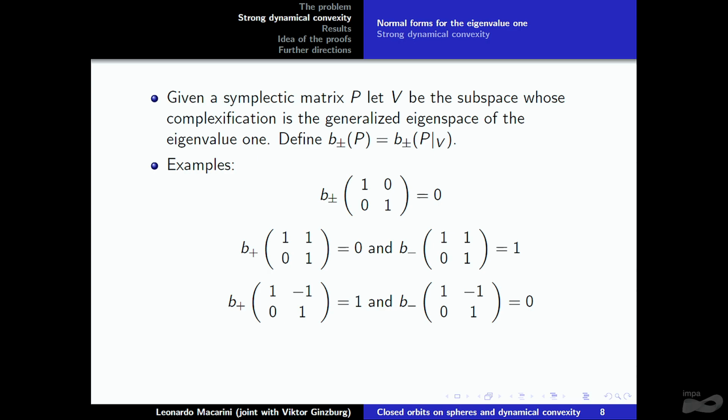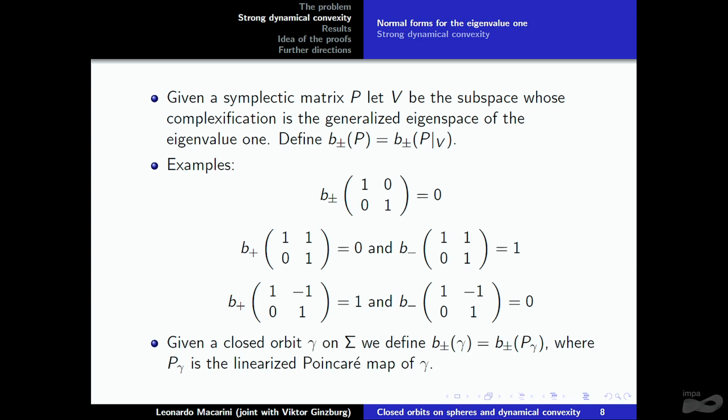Okay? And now, how do I define B plus minus for a closed orbit? Given a closed orbit gamma, B plus minus of gamma is just B plus minus of the linearized Poincare map. Of course, these numbers do not change under conjugation, so it's well defined.